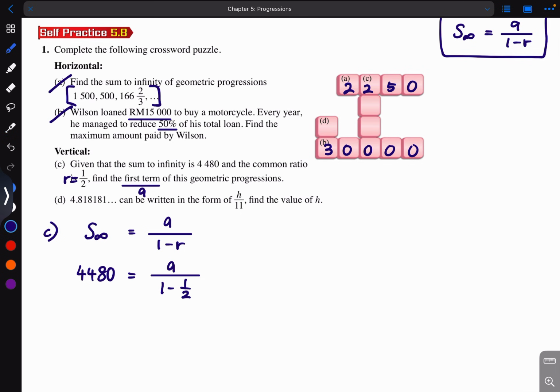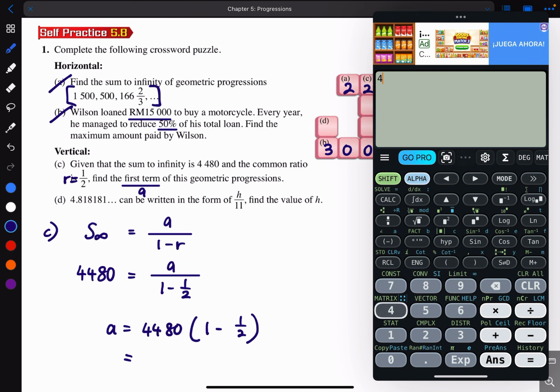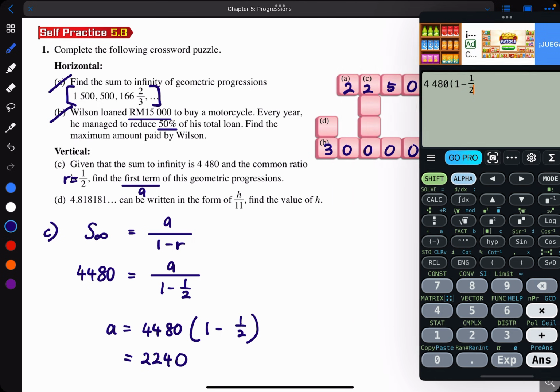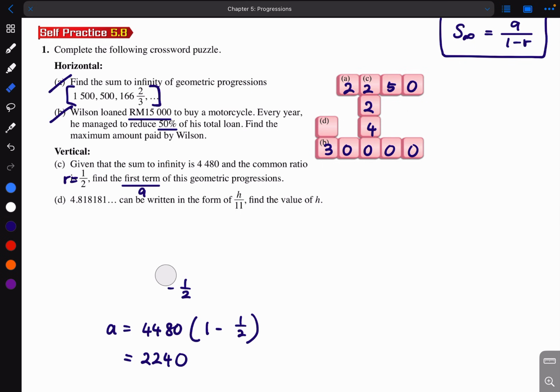So a will become 4480 multiplied by 1 minus 1 over 2, which is 2240. So vertical C would be 2240. Done. Alright, last one.